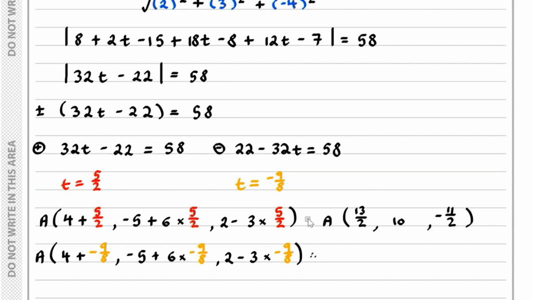So from this we can conclude A has coordinates 23/8, rather not 10, minus 47/4, and 43/8. So we've got two possible coordinates for A.